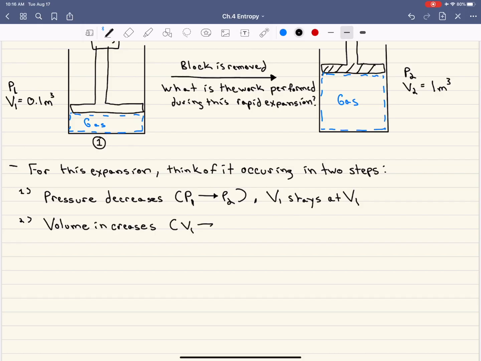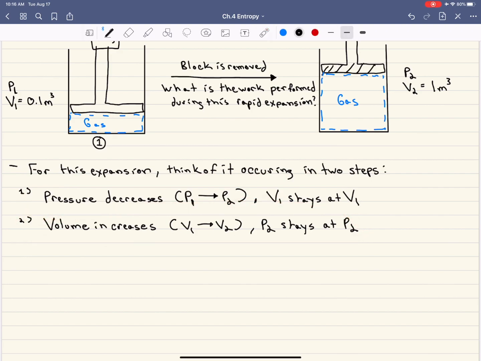So volume 1 goes to volume 2, but the pressure of the gas, P2, stays at P2. So we're breaking up our process into 2 steps. To figure out the total amount of work that's performed, we have to figure out what happens during these 2 steps.